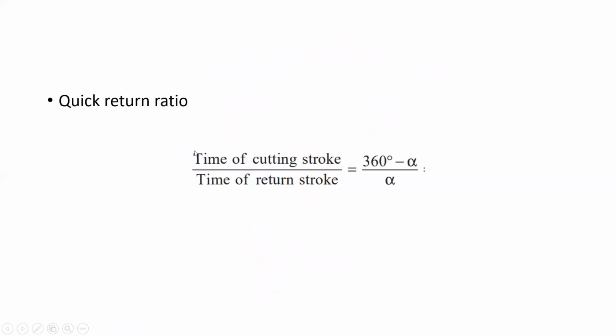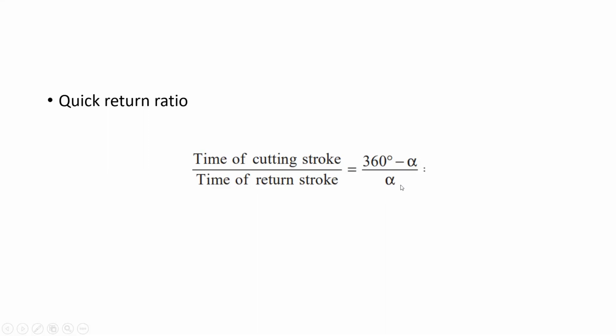The quick return ratio is defined as the ratio of the time of the cutting stroke to the time of the return stroke. This time is proportional to your angles beta and alpha. So beta you can find out by the equation beta = 360 minus alpha, so the ratio is (360 - alpha) upon alpha.